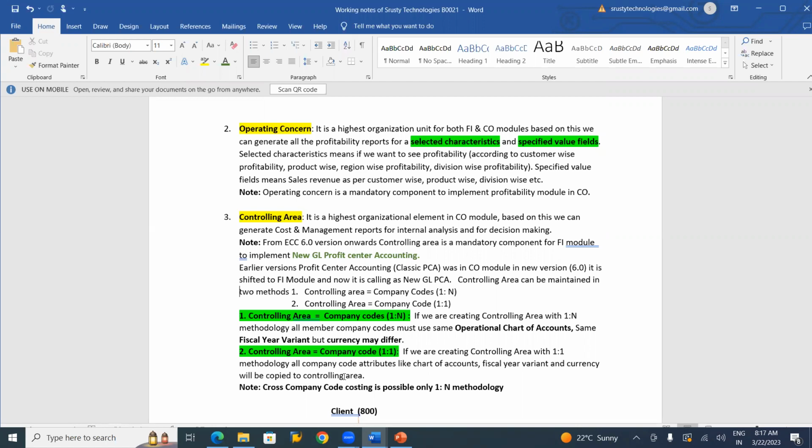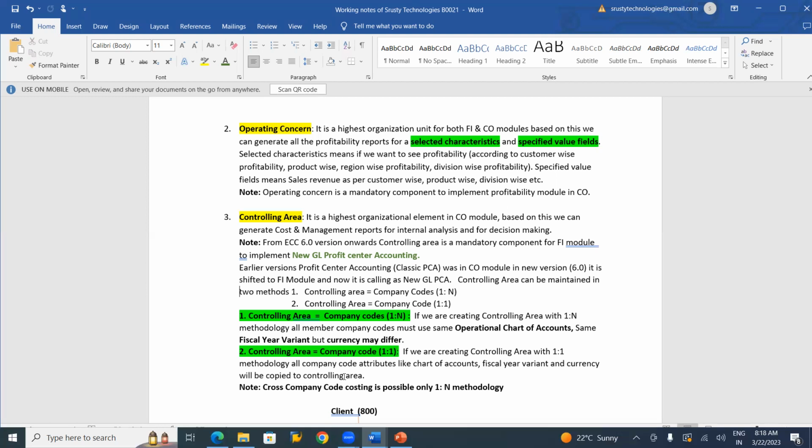Clear? So 1:1 methodology is possible when we have 3 company codes. The first company code is using a different chart of accounts, the second company code is using a different chart of accounts, and the third company code is using a different chart of accounts. And at the same time, the first company is using a different fiscal year, the second company code is using a different fiscal year, and the third company code is using a different fiscal year. So definitely we need to follow 1:1 methodology.